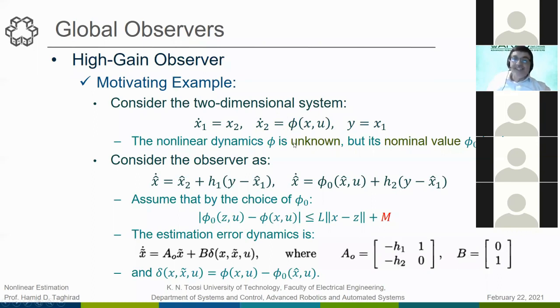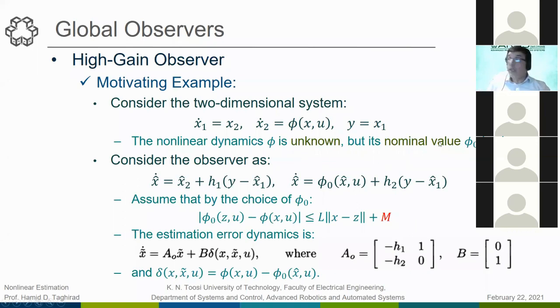Here, we have only one nonlinear function, not A, no C, everything very clear, but we have one particular function in nonlinear dynamics, which is dynamic of X and U, and we consider that dynamics is unknown. Because if it was known, in the previous case, we could easily just erase that somehow. We consider that this is unknown, but we have some knowledge of it.